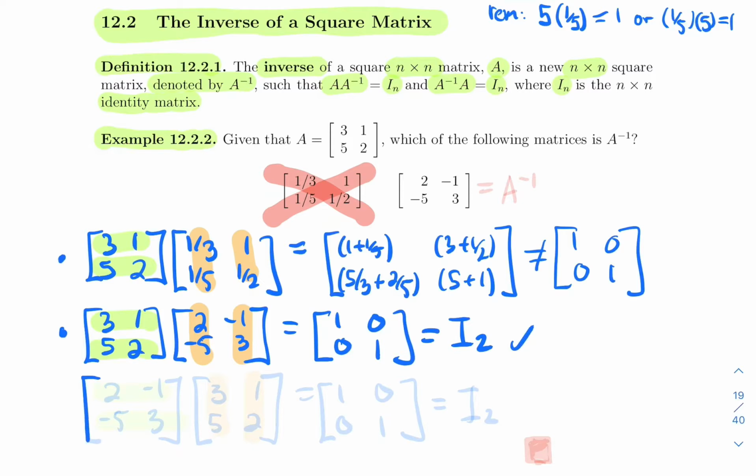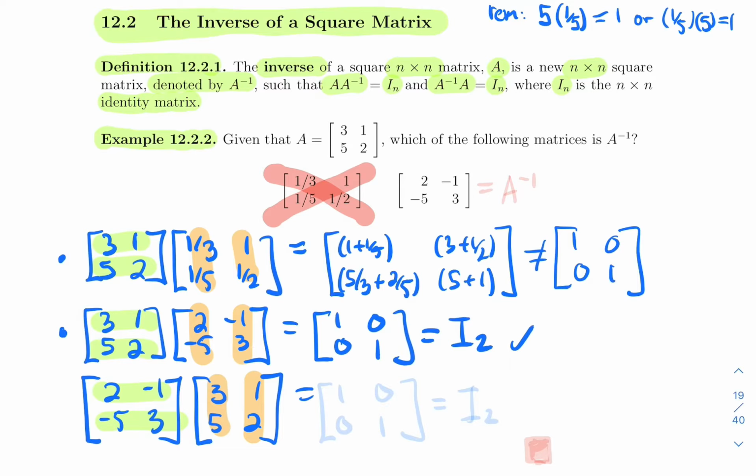So if we flip the order here, just to be sure, so 2, minus 1, minus 5 and 3, multiplying 3, 1, 5, 2. So it's good review of matrix multiplication at the same time. So my rows for the left matrix and my columns for the right matrix.